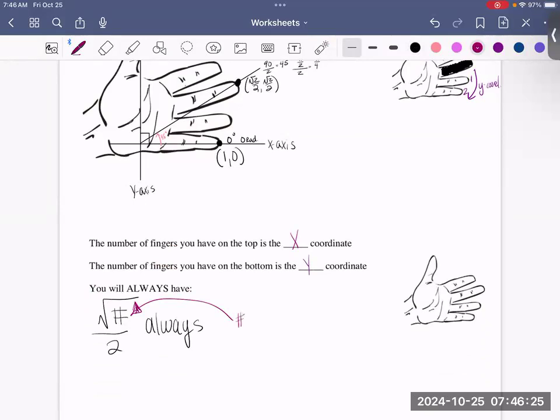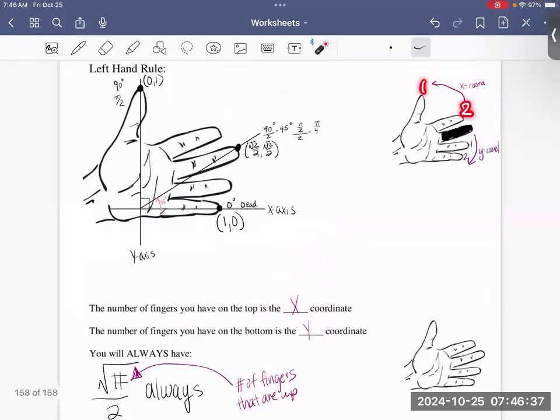If we look at your x coordinate, we had 2 fingers left over above, so we have root 2 over 2. And we had 2 fingers below, so we have root 2 over 2 for the y coordinate. So that's how we get your coordinate right here.